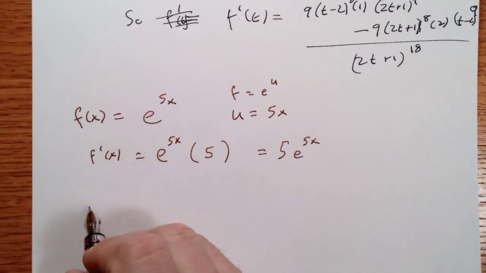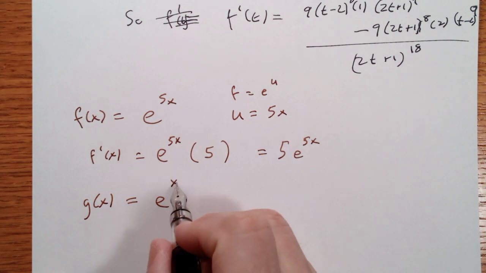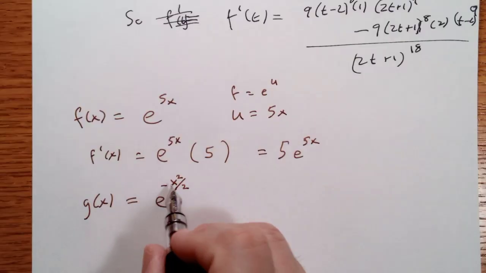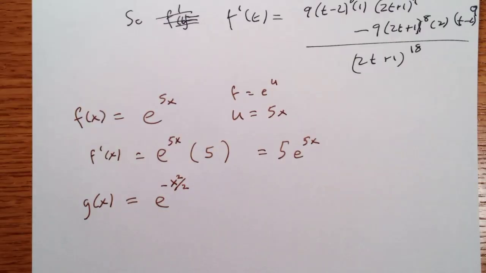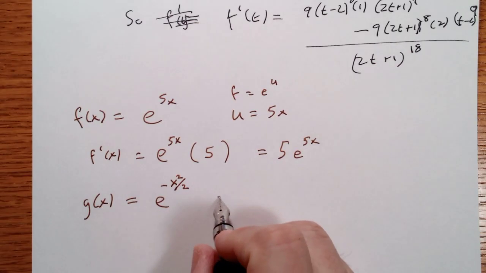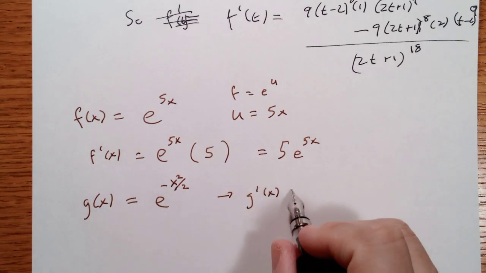Even if it's complicated stuff. Now, let's put a minus sign in front of that. E to the minus x squared over 2. I promise there's a reason I used this one. Well, then the derivative, it's e to the stuff.